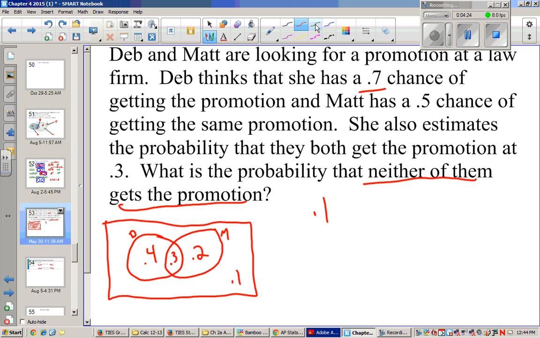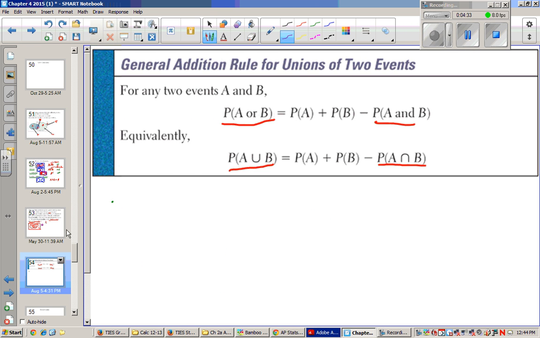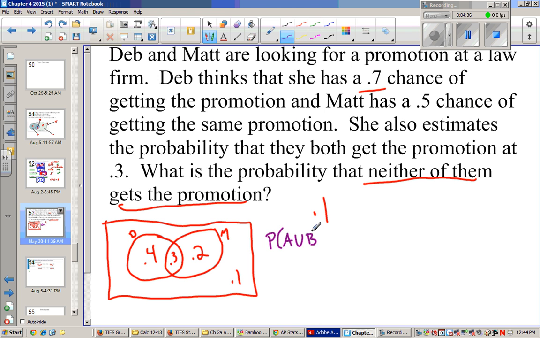So if I said the probability of A or B, so that's the union, is equal to the probability of A plus the probability of B minus the probability of A intersection B. So what this is saying is this whole section here is the probability of this plus the probability of this minus the thing in the middle. Because when we add these two together, we're counting that middle twice. And so we have to subtract it out.